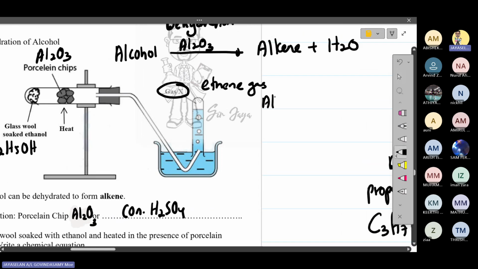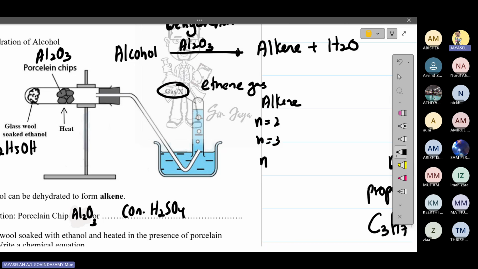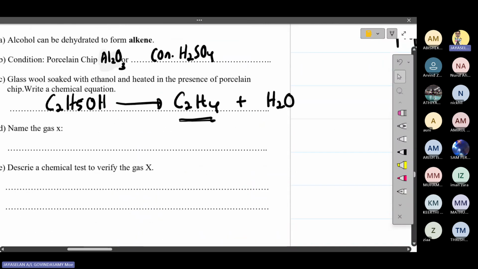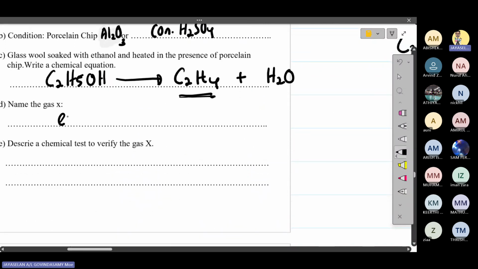Because alkenes with 2, 3, 4 carbons all exist as colorless gas. Ethanol will give you ethene gas. Understand? Colorless gas. So if they ask for the name of the gas, you put ethene gas.